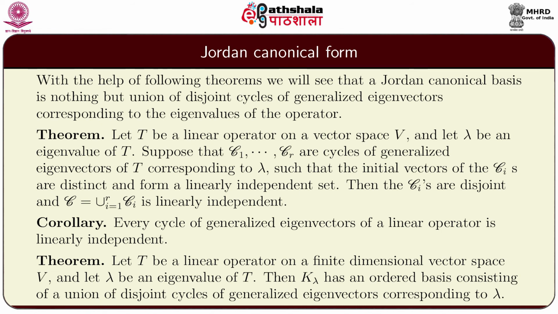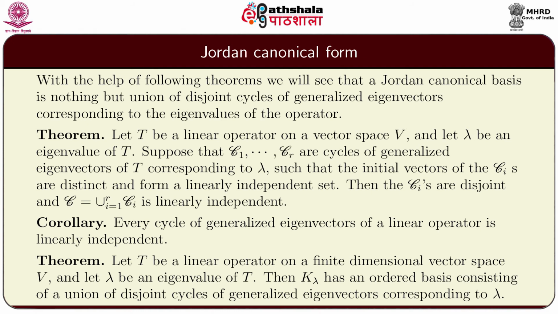With the help of the following theorems that we state below, we will see that a Jordan canonical basis is nothing but the union of disjoint cycles of generalized eigenvectors corresponding to the eigenvalues of the operator.